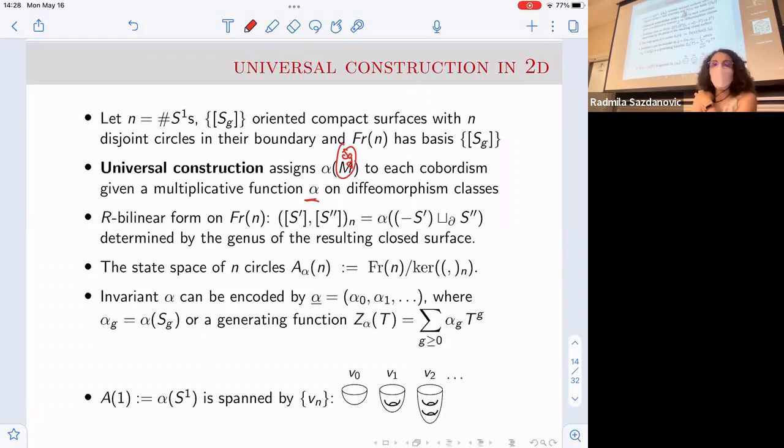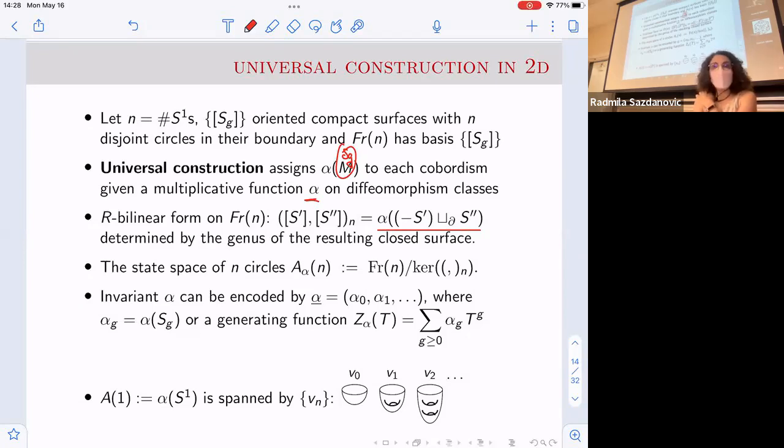Okay, now let's mimic this: we get the bilinear form on this F(n), given by, if S' and S both have the same number of circles in their boundary, I'm going to concatenate them and assign the value of this bilinear form to be whatever alpha assigns to it.